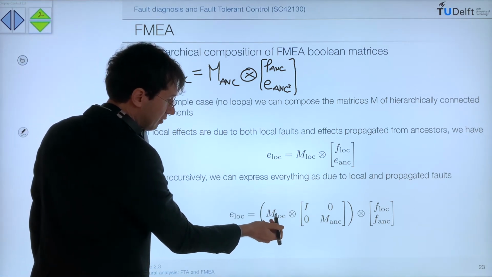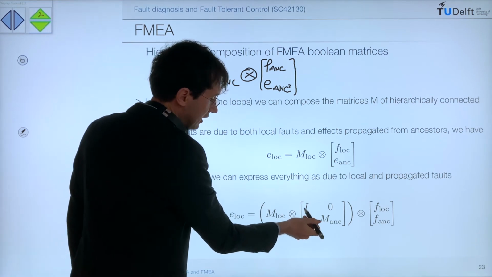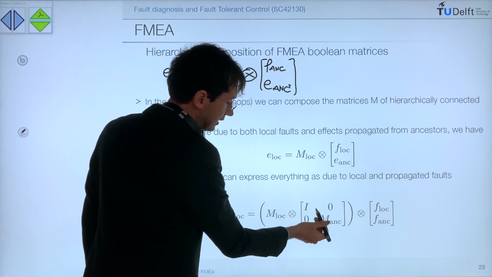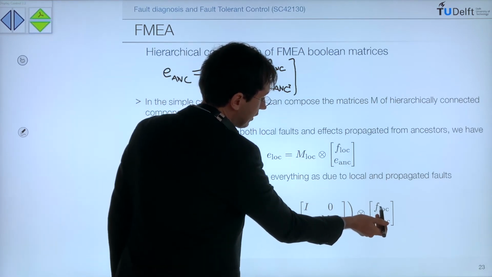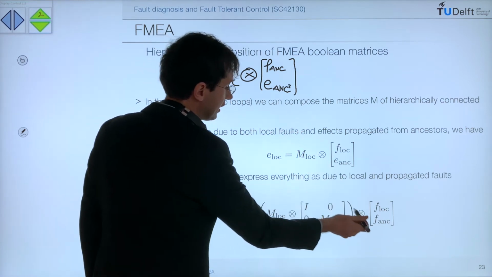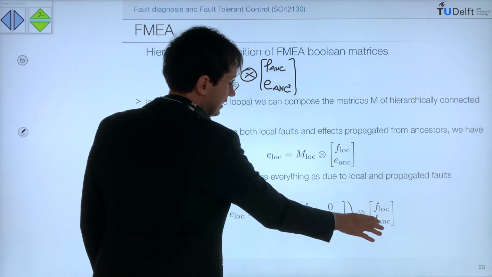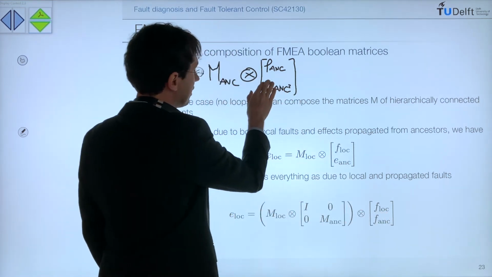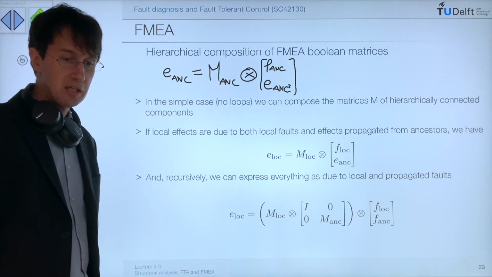So the local matrix that we had here multiplies a block diagonal matrix with identity and a matrix from the ancestor that multiplies the local faults of the component and the faults of the ancestors. Actually here in this expansion, I was not assuming there were also effects propagated from ancestors of the ancestors.